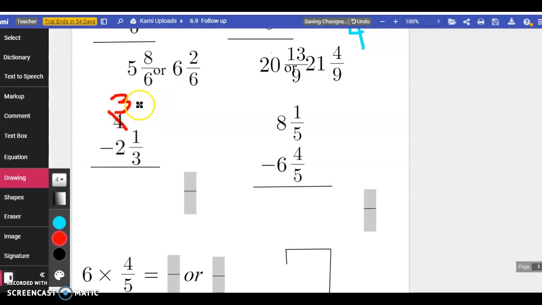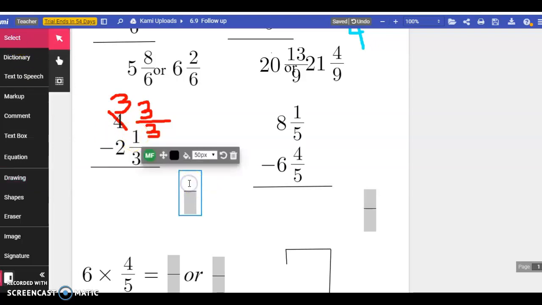Remember, to make a whole, 3 over 3. So now we're going to subtract 3 minus 1 would be 2. Our denominator stays the same, 3. 3 minus 2 is 1.